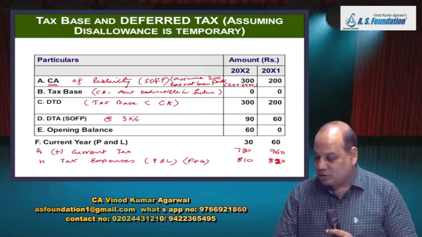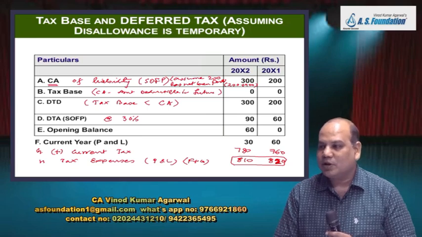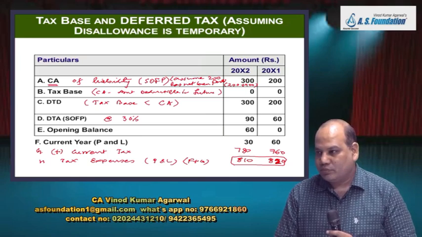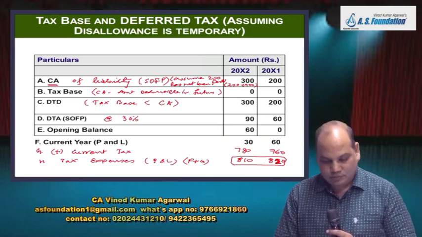Okay. And what is your tax as per the accounting figure? How much should it be as per account record? 900 and 750. So 900 and 810. How much is the difference?